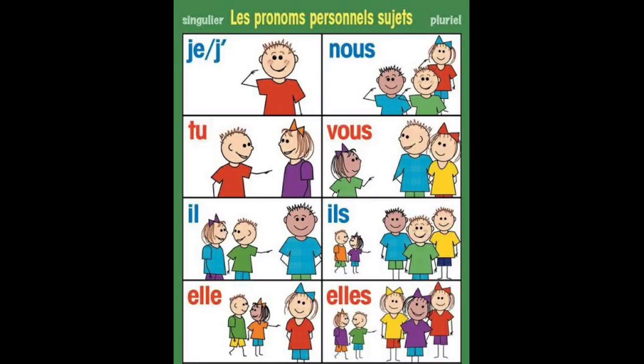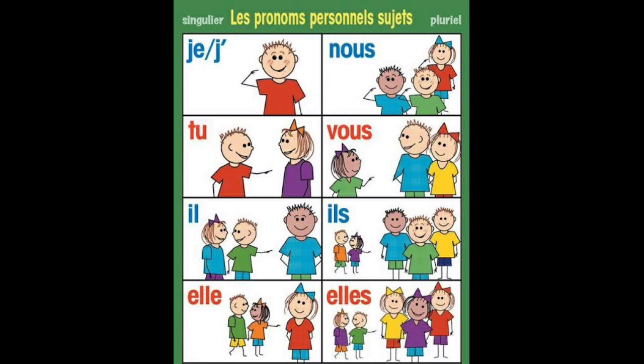Those were pronouns in French. We said that we have 6 pronouns. We have je, which is I, tu, which is you for singular. We have il and elle for the absent person, which means he and she. And for plural, we have 3.